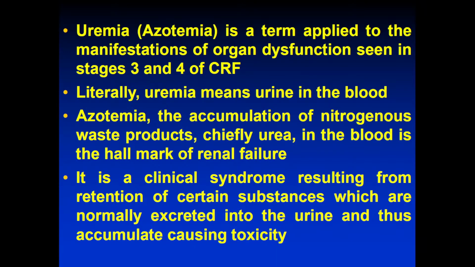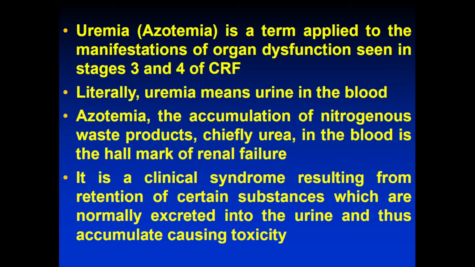Uremia, or in other words azotemia, is a term applied to the manifestations of organ dysfunction seen in stages 3 and 4 of chronic renal failure. In other words, uremia means urine in the blood.